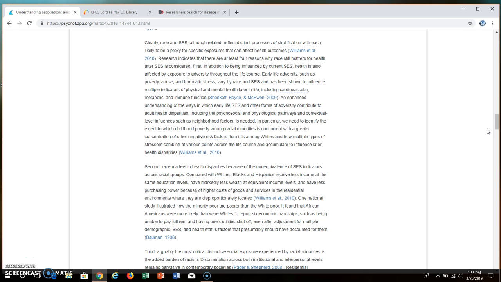With inequity comes a dependency upon how socioeconomics affects that. So I would probably use this. So then I would probably write that down.